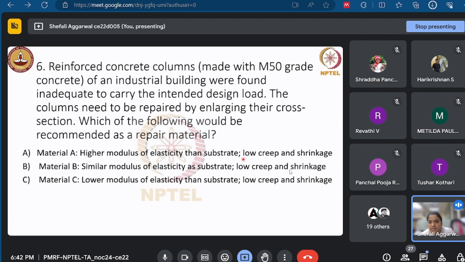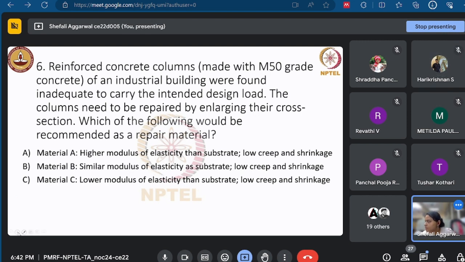Second thing is the modulus of elasticity. What do you think the modulus of elasticity should be? Should be higher than the substrate, similar, or lower? It should be similar. Yeah, right. Otherwise, bonding might be an issue. Exactly. So the modulus of elasticity of the substrate as well as the repair material should be similar, and creep and shrinkage should be low.